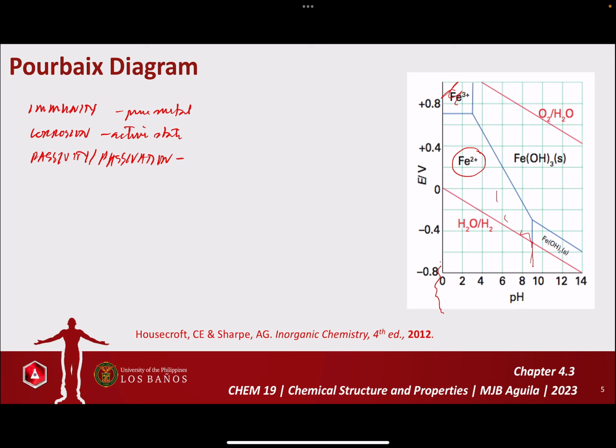So the surface of the metal oxidizes, but it forms another solid that tends to inhibit further corrosion. That solid usually takes the form of oxide, hydroxide, hydrides. And we say it is passivation because it prevents further corrosion of the metal surface. So for this case, the region of ferric hydroxide is the passivation region.